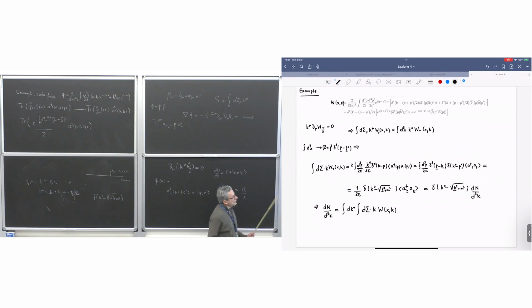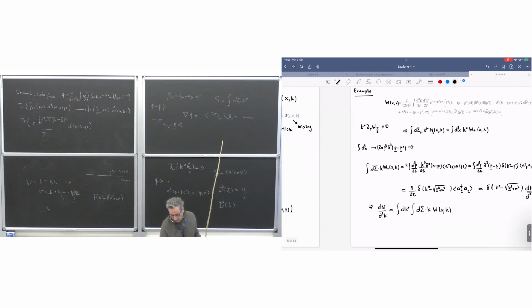And now we just integrate over dk naught this expression, then you are left with dn over d3k. And so we have found the formula that dn over d3k is equal to this expression. Okay, this is what I wanted to show. Good.